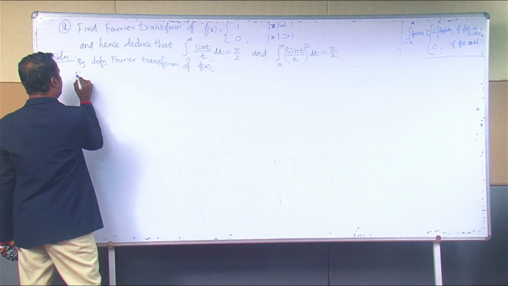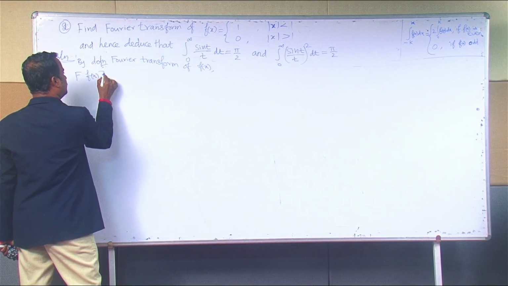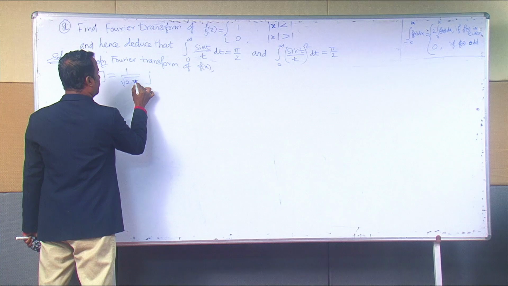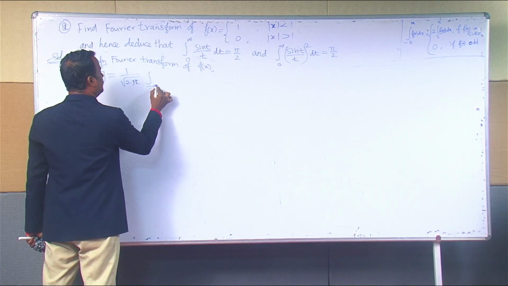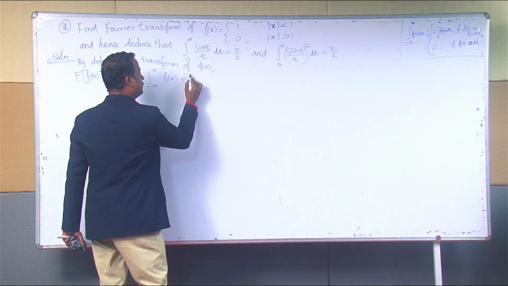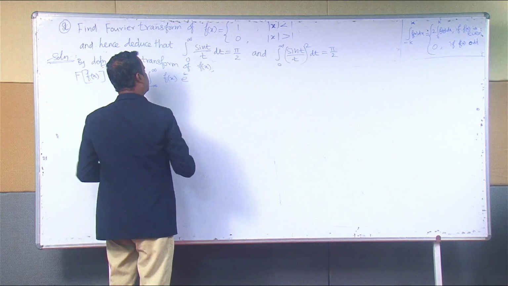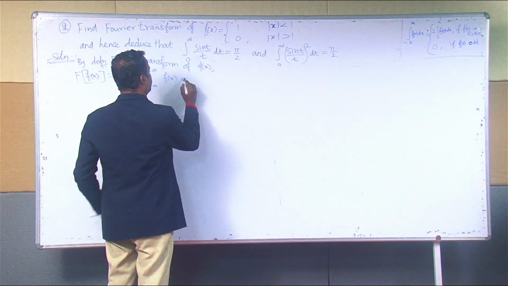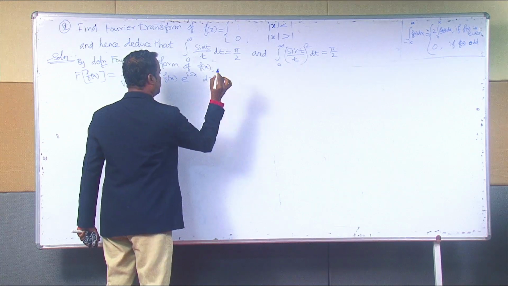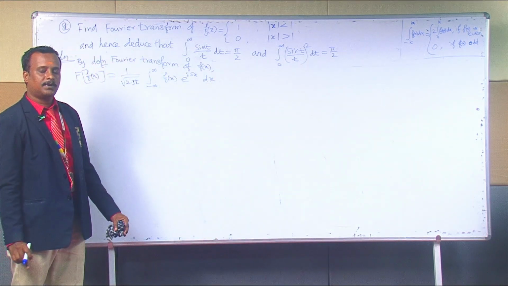What's the definition? The Fourier transform of the given function, f of s, is equal to 1 by root of 2 pi times the integral from minus infinity to plus infinity of f of x into e power isx dx. This is the Fourier transform of a given function.